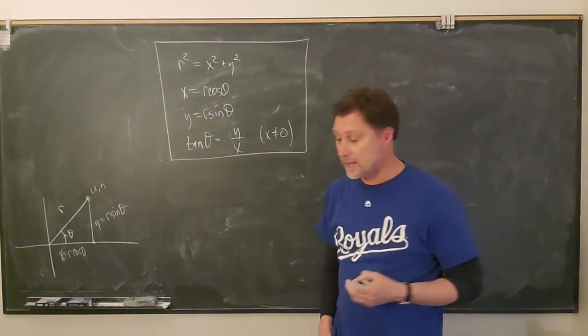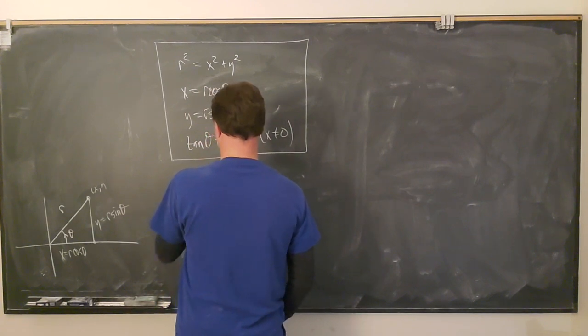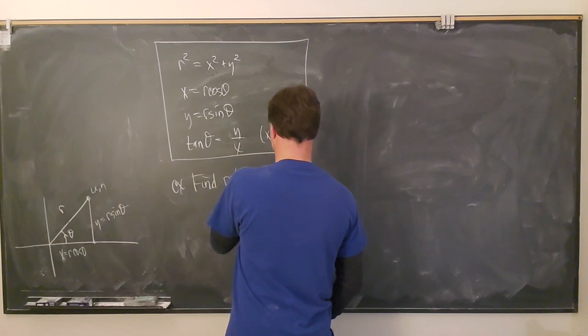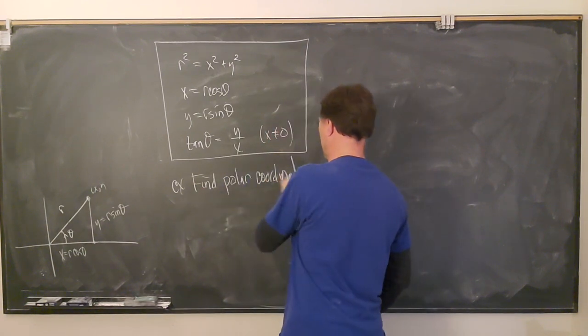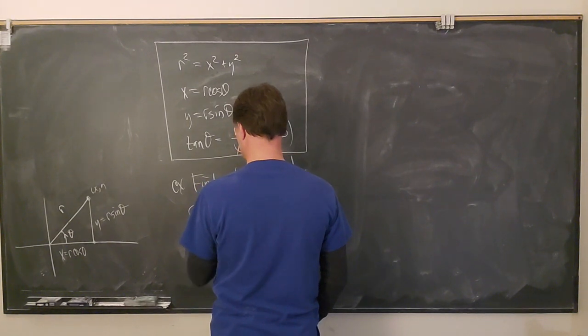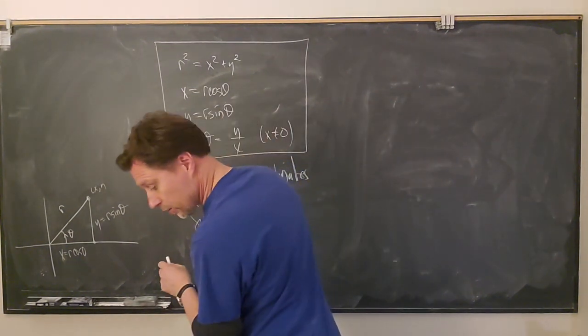Okay, so now let's try an example. Let's find polar coordinates for, and I'm going to give you the x and the y coordinates, 3 root 3 over 2 comma 3 halves.